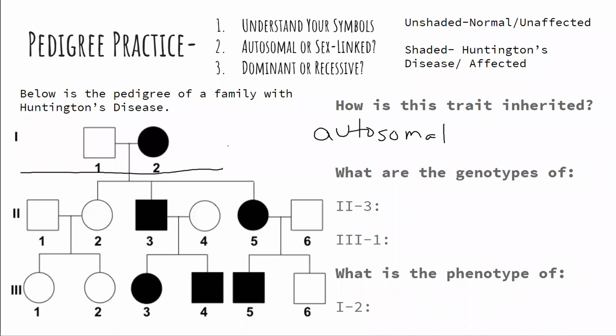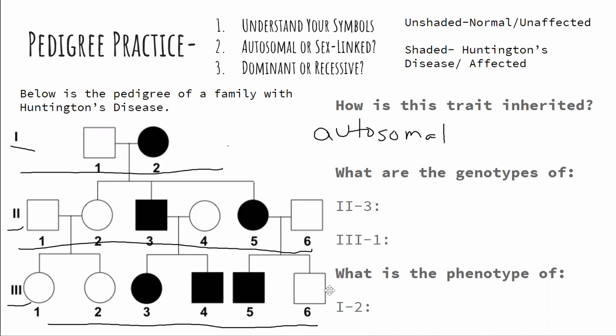This is generation 1. This is generation 2. And this is generation 3. And it did not skip a generation because at least one person per generation is affected. So that means it's a dominant trait. So how is this trait inherited? Autosomal dominant. It's autosomal dominantly inherited.